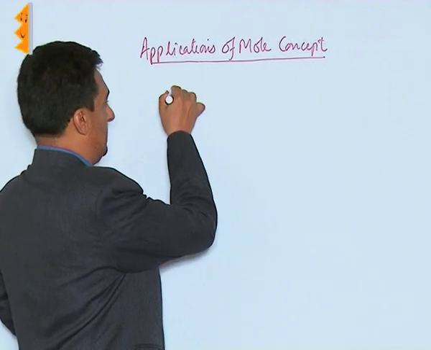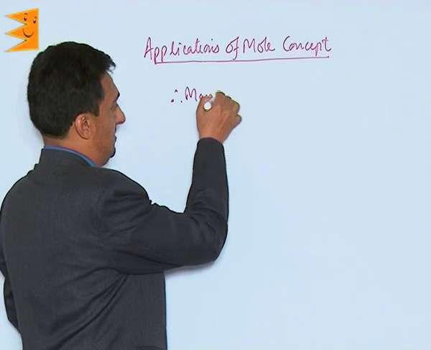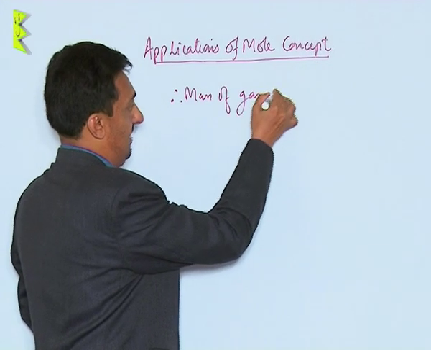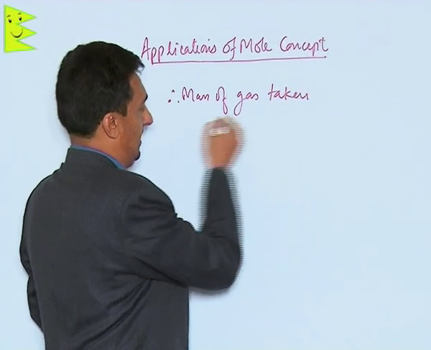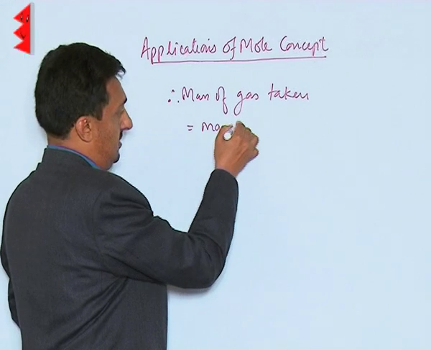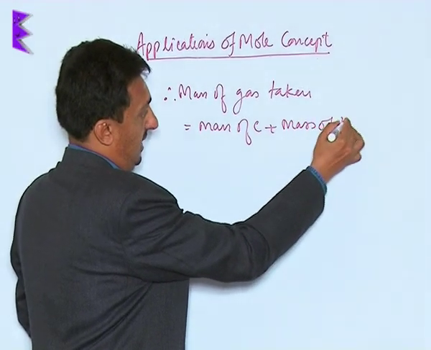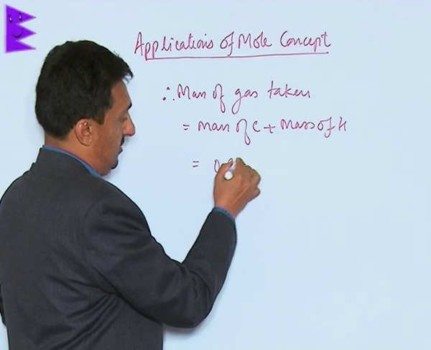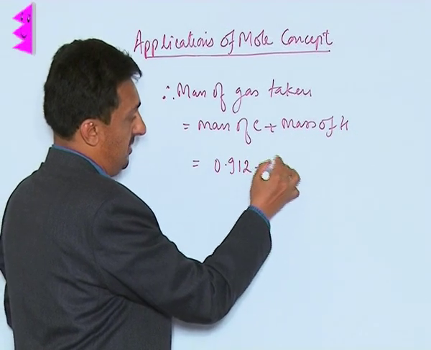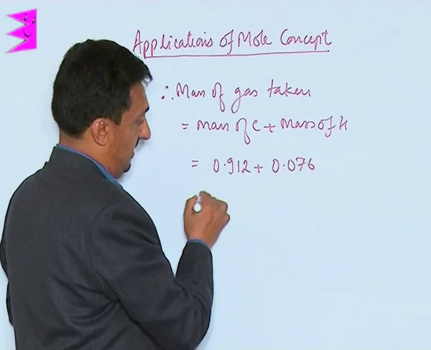So now, therefore, the mass of gas taken is equal to mass of carbon plus mass of hydrogen. It came out to be 0.912 and it was 0.076.